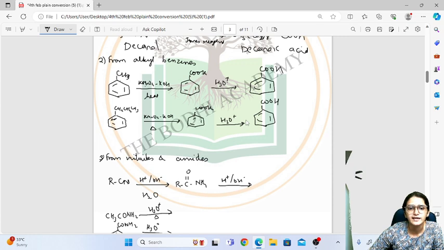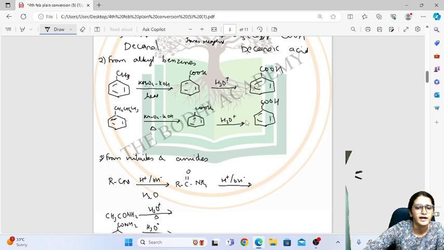But in second case we have taken which benzene? Here we have taken propyl benzene and we have reacted with the same reagent and we are getting the same product. So from this we can see that no matter what alkyl group we are attaching to the benzene, we are getting the same carboxylic acid or the benzoic acid. Okay, so this is about the preparation from alkyl benzene.